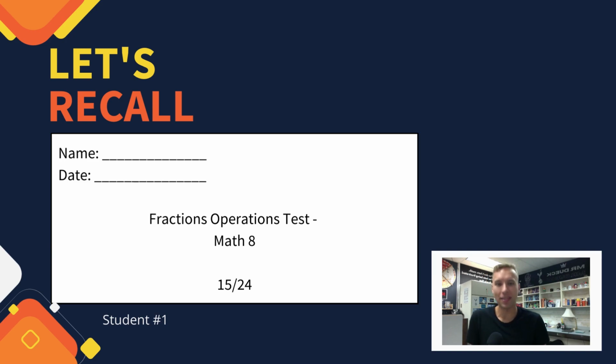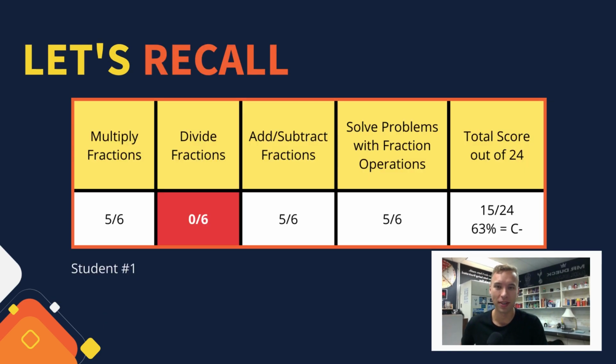Here's the vignette from last time. This is the fraction operations test. You can see that the student scored a point total of 15 out of 24. And last time we took a look at this second section that gave us more information. If you recall from the last session, you'll see that the student forgot to divide fractions properly and use the reciprocal function in a useful way.